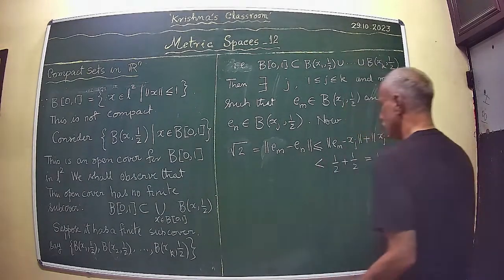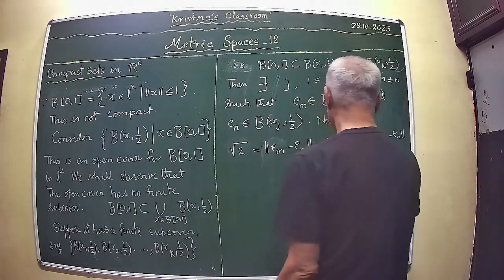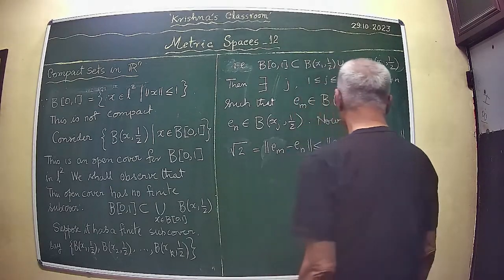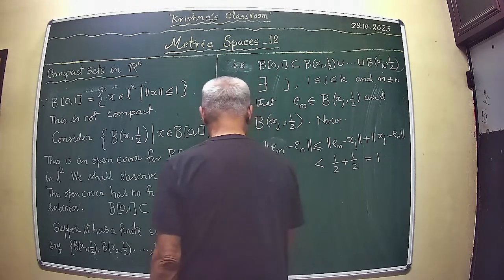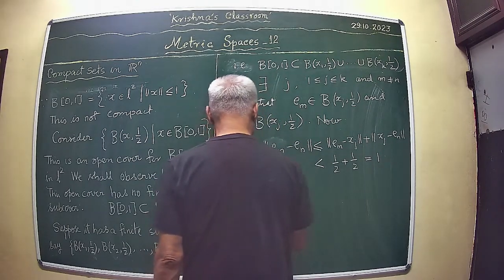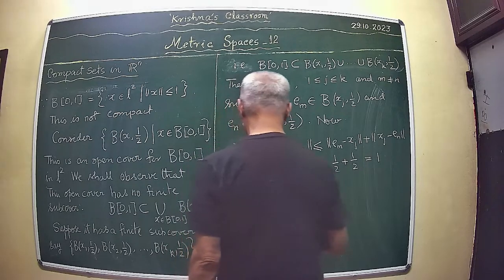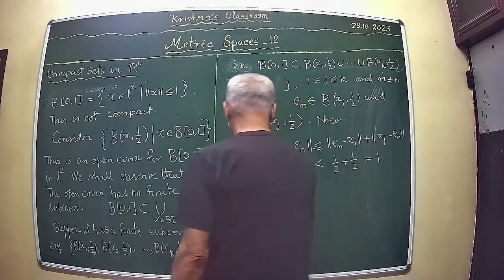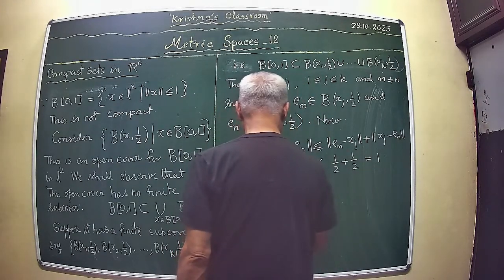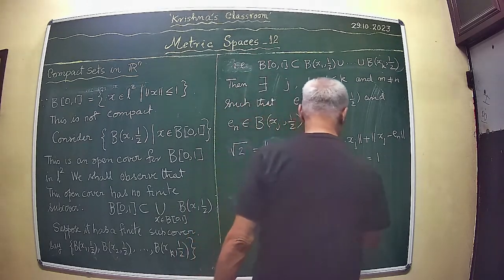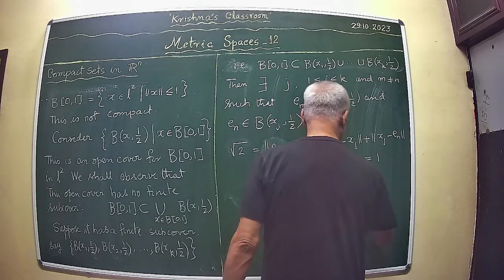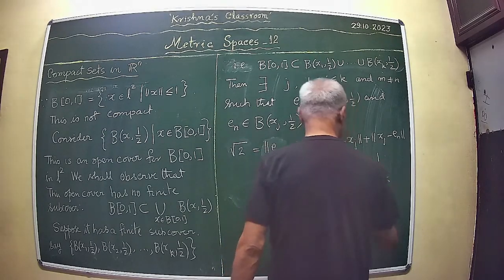So you get an absurd result, namely root 2 is less than 1. This is not possible.